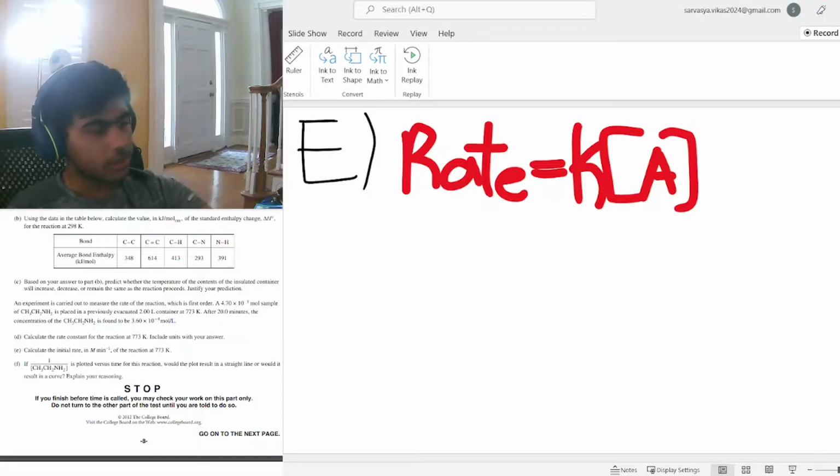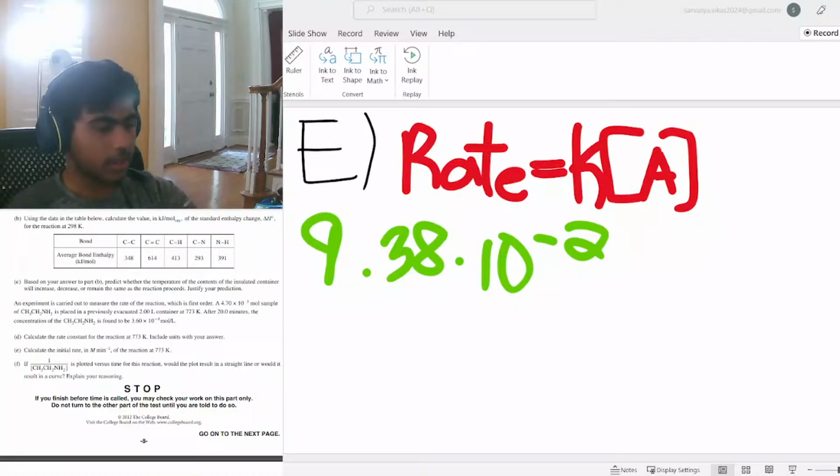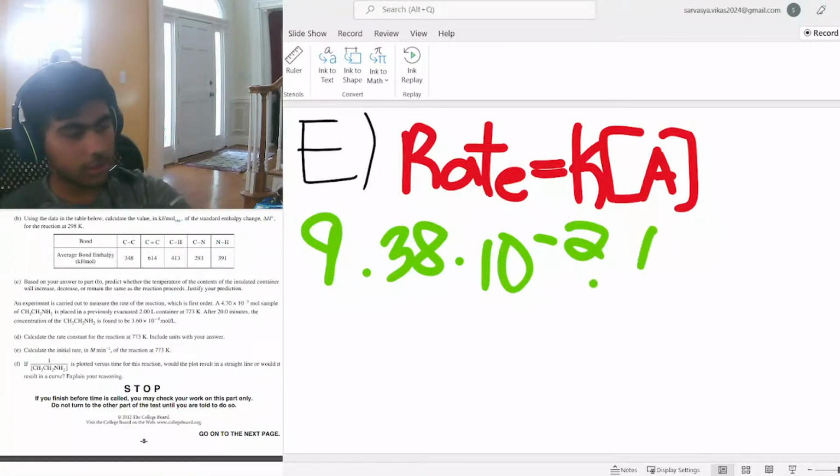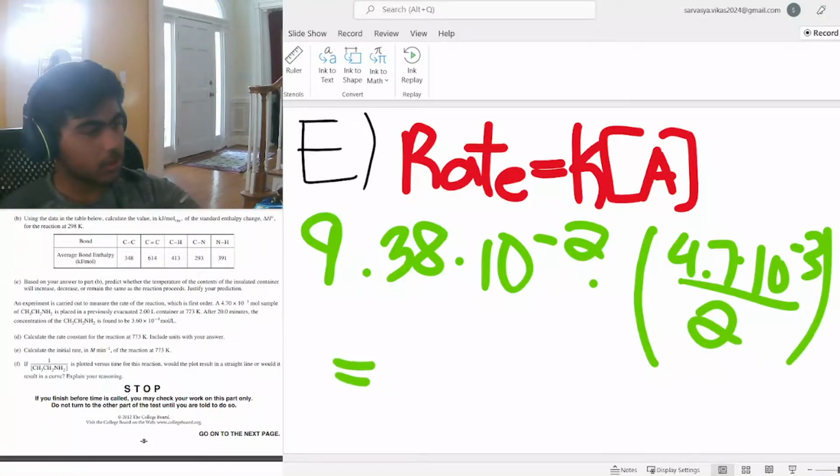So we're just going to multiply the 9.38 times 10 to the negative 2 by our initial concentration, which is 4.7 times 10 to the negative 3 over 2.